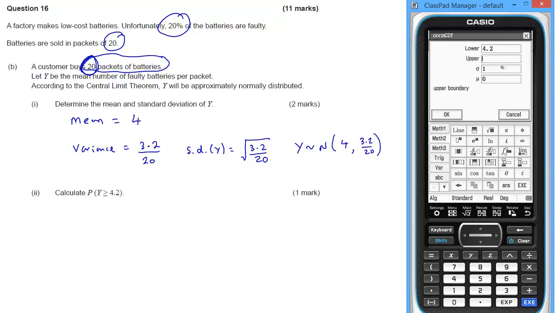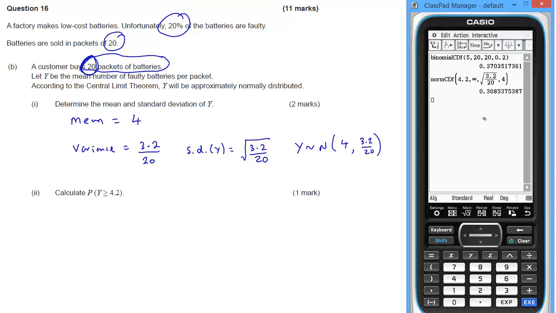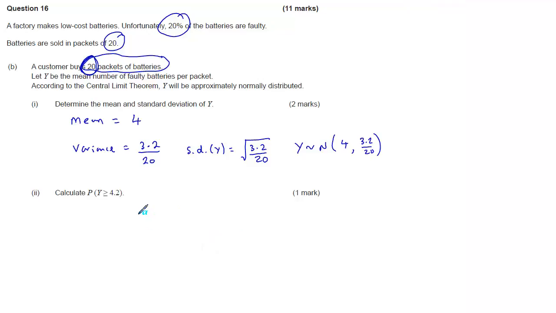We need to put that in upper. Now our standard deviation is the square root of 3.2 divided by 20, and our mean was 4. So that's 0.3085.